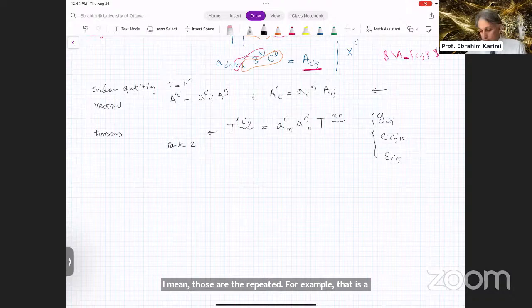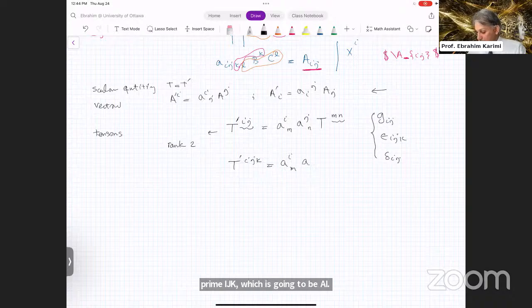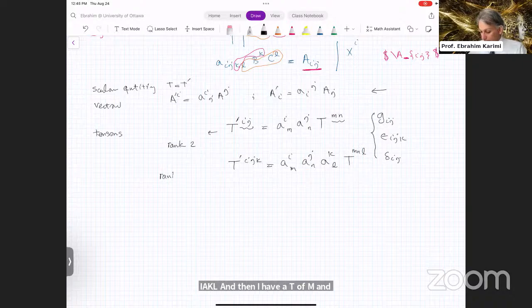If I build up another one, T prime ijk, it is going to be a_im a_jn a_kl T_mnl, so that's a rank 3 tensor.